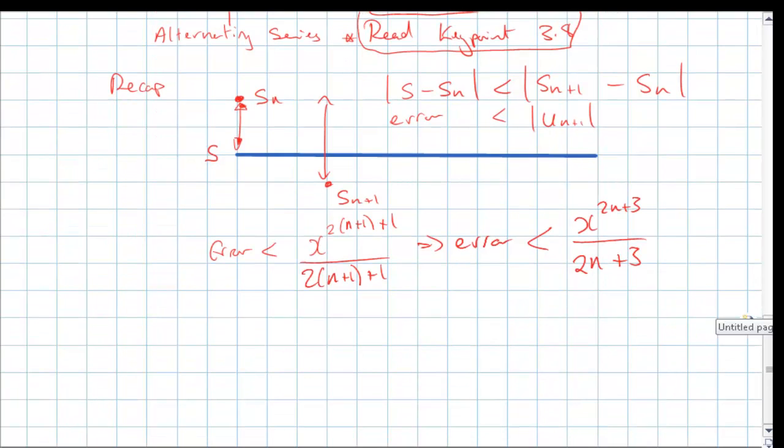Okay, now what we want to happen is for this error essentially to tend towards 0 in the limit as n approaches infinity.